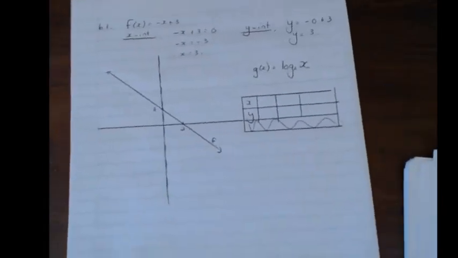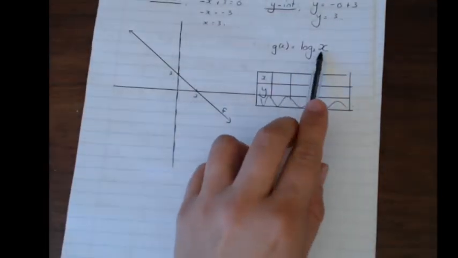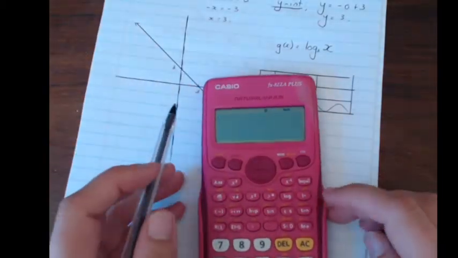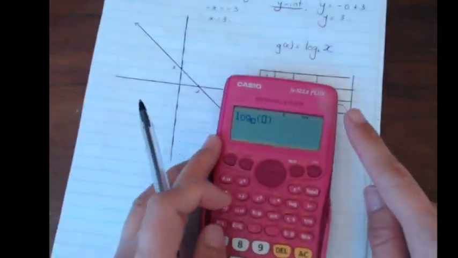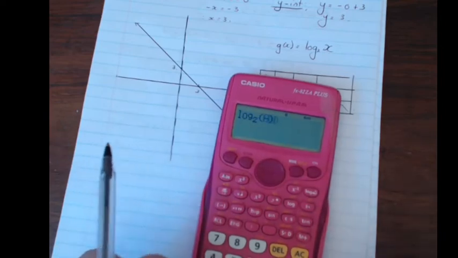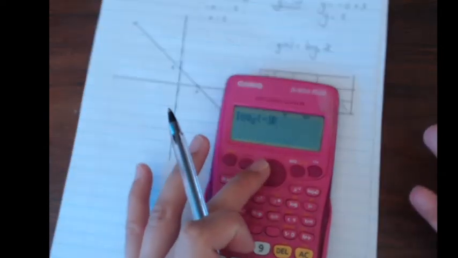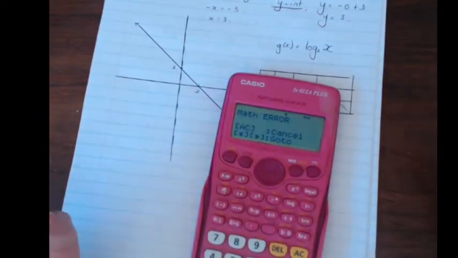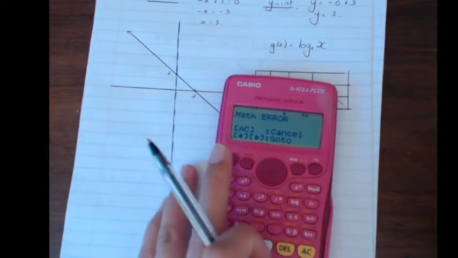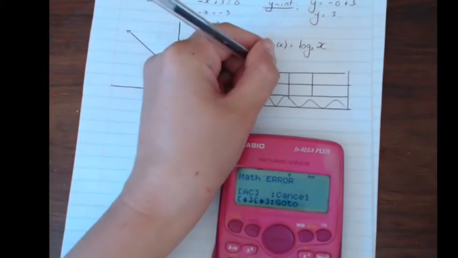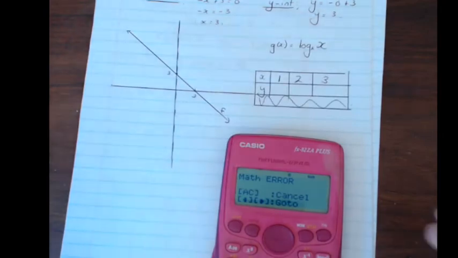So it doesn't help me to substitute -1, 0 there. If you didn't know that and you start out with log base 2 and I make that -1, it gives me an error. Then I make it 0, it gives me an error. It doesn't help me. So I'm going to just plot 1, 2, 3.